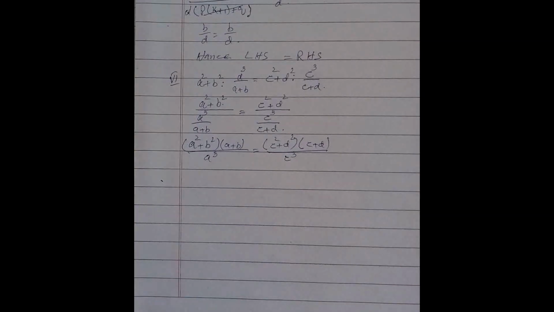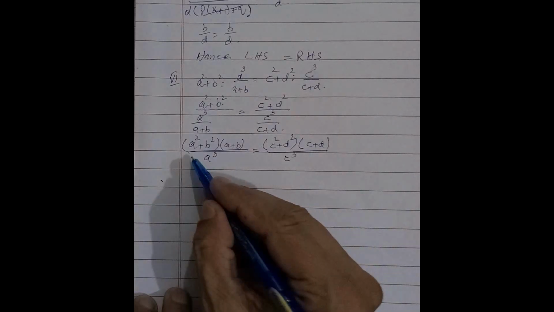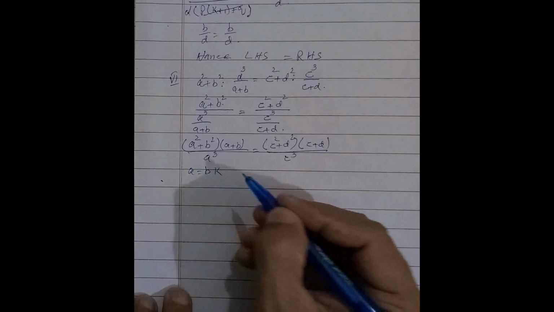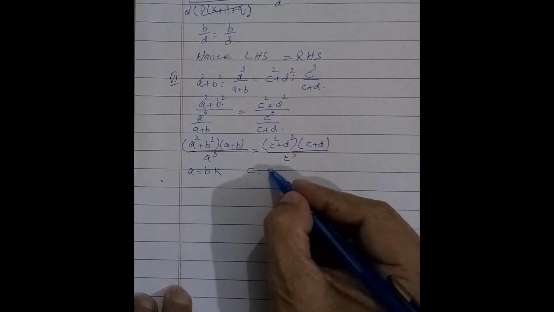Now we put the values of a and c in these equations. We get a is equal to bk and c is equal to dk.